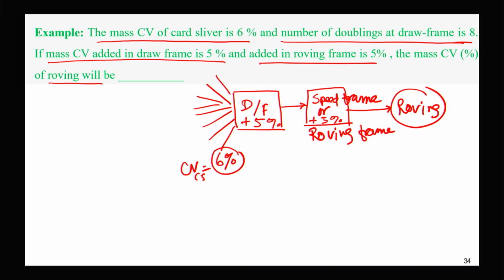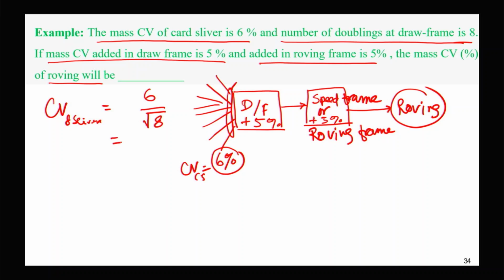First, as we have discussed, we have to see the CV of the input mass, that is 8 slivers together. The CV of 8 slivers will be the individual sliver CV, 6%, divided by under root 8.